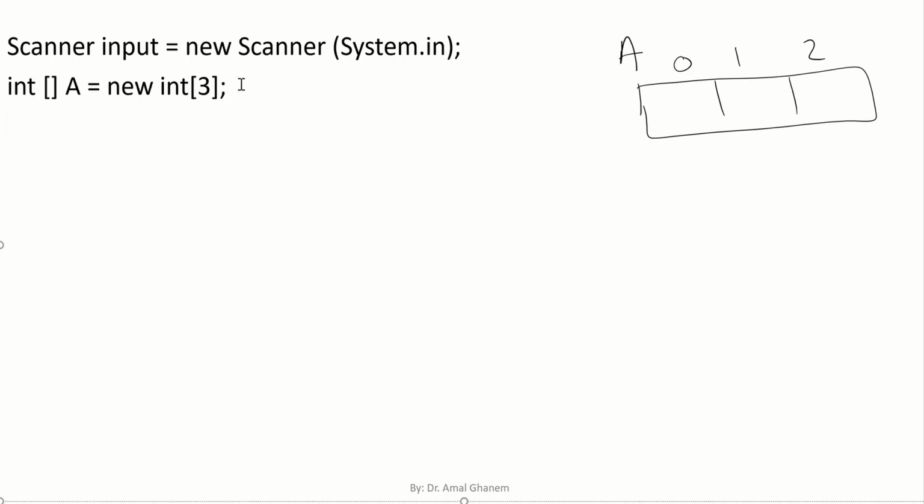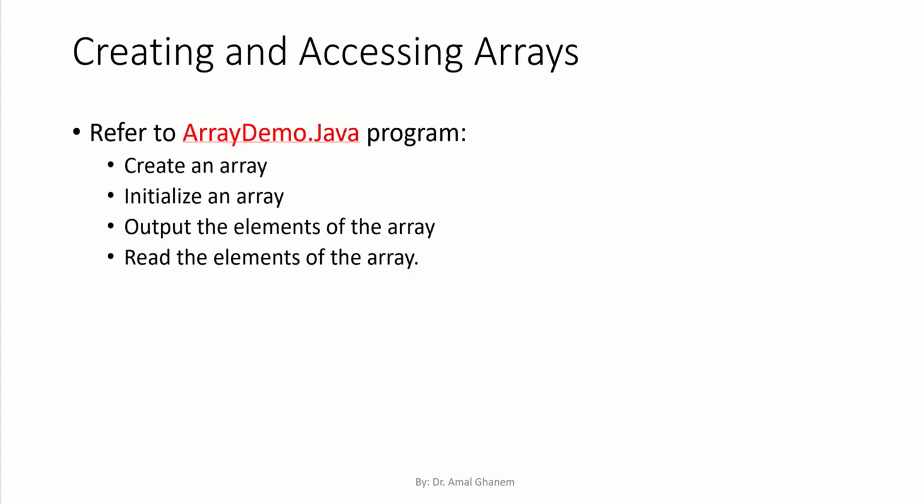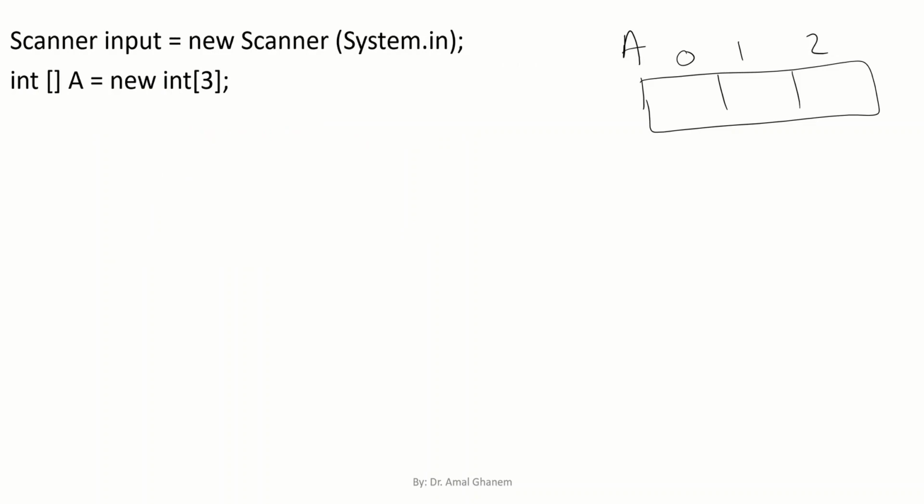Now the second step I have to do is initialize the array that we have. So for example, let's assume I need to save the number 10 in each location of my array. The way to do it, I can say array equals 10.